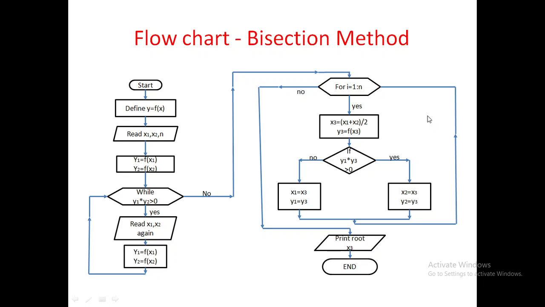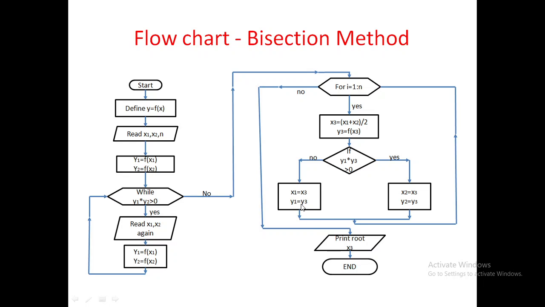Then check if y1 into y3 is less than 0. If that condition is greater than 0, then we go to no. If less than 0, yes, then we get x2 is equal to x3 and y2 is equal to y3.